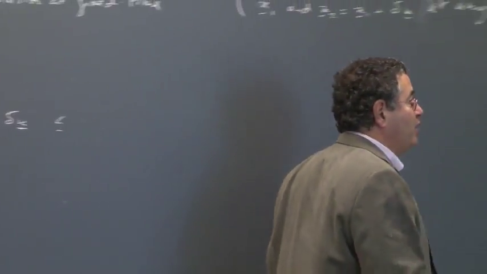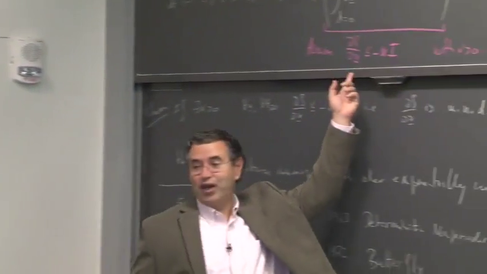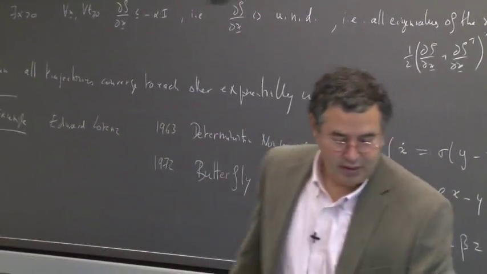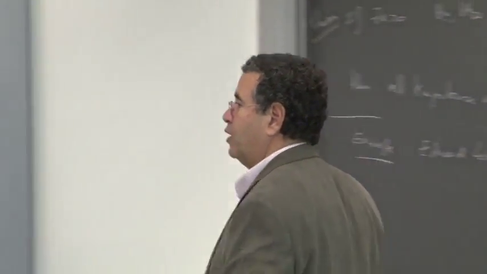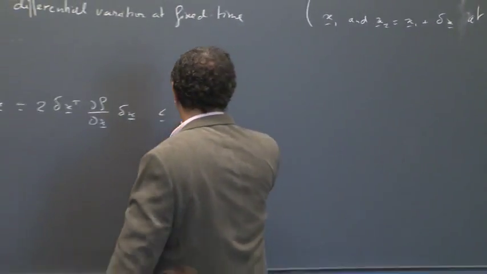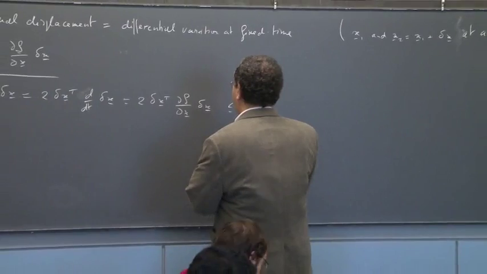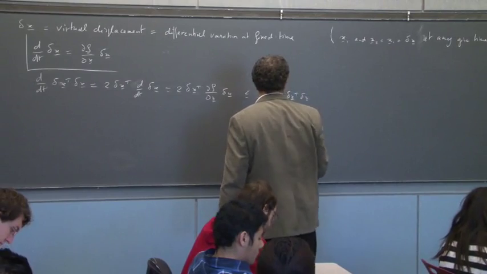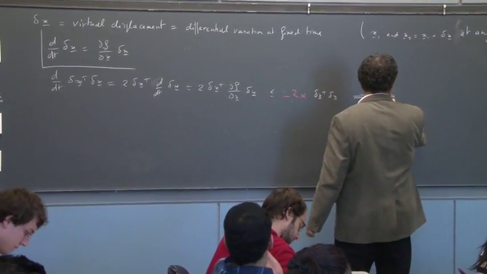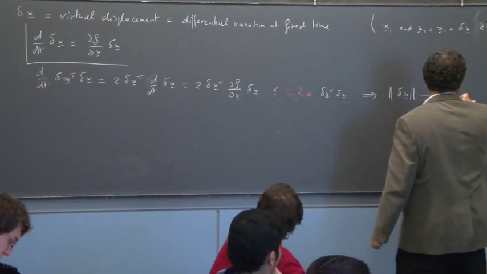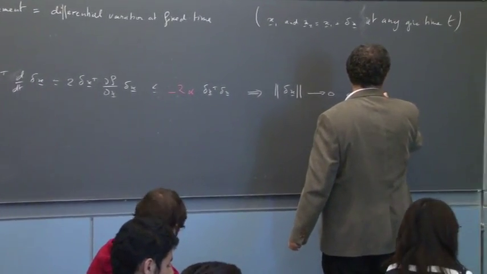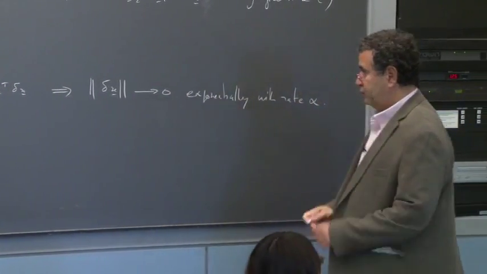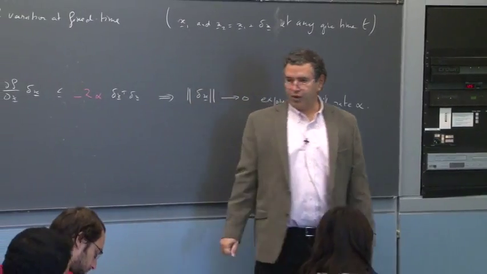Now, remember this is the third proof. So assume again that this condition is true. So it says then this is going to be less than minus 2 alpha times delta x transpose delta x, which will of course imply that delta x tends to 0 exponentially with rate alpha, since delta x squared tends to 0 exponentially with rate 2 alpha.